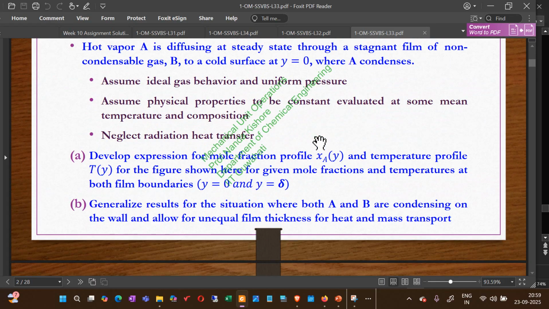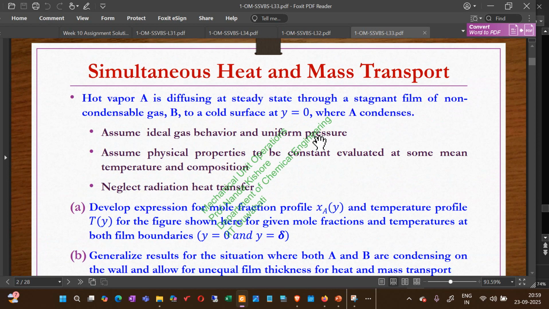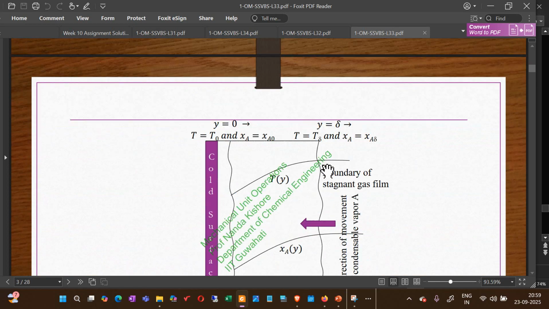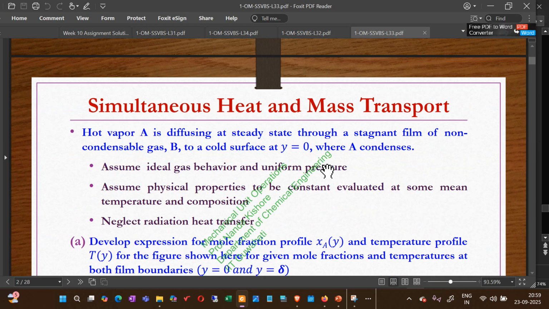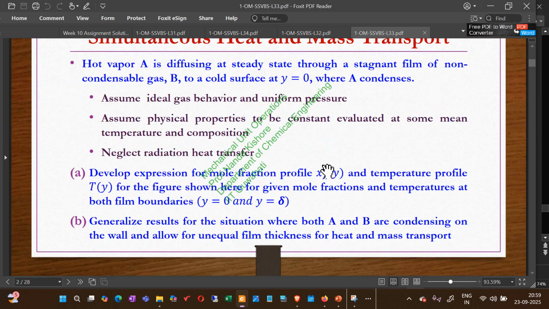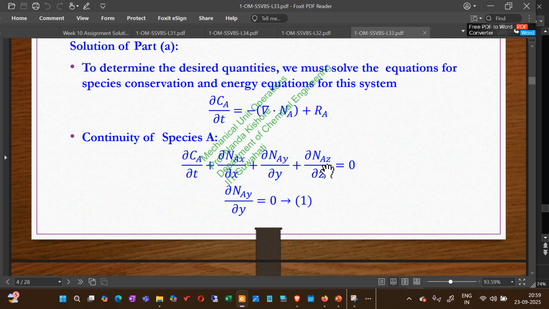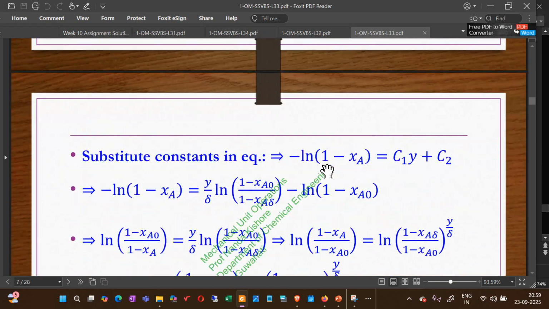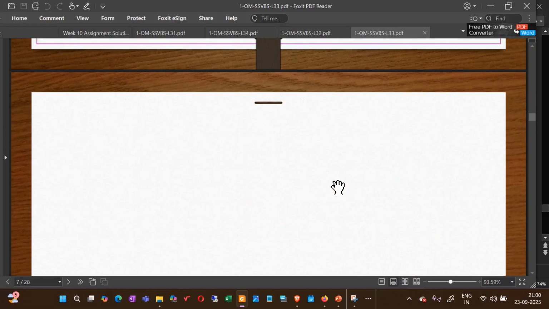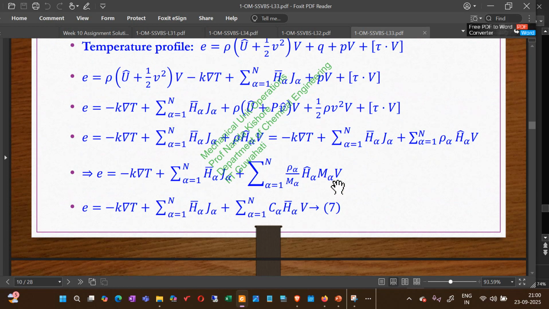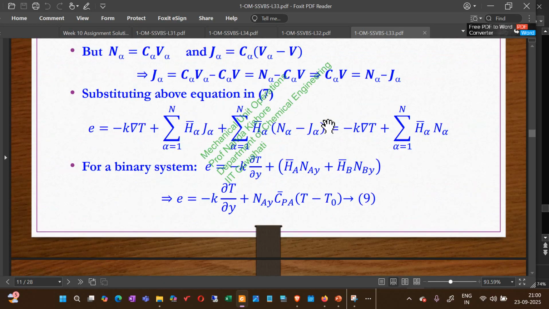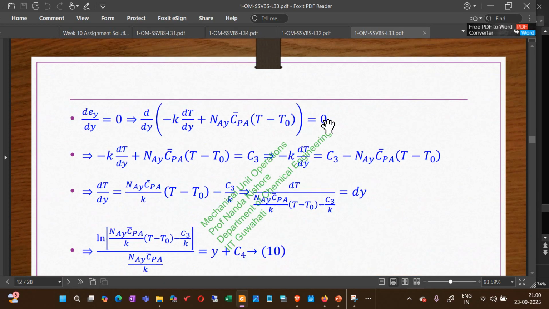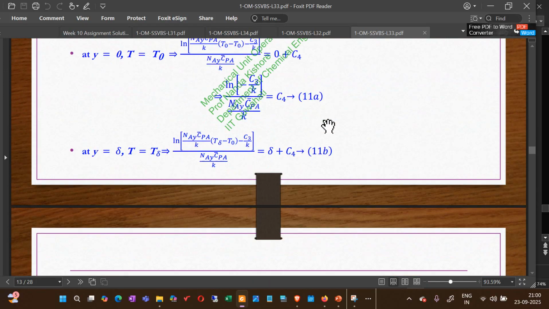If you see this here, the simultaneous heat and mass transfer we have discussed with this particular problem, where the condensable A was diffusing through this stagnant film of non-condensable gas B. In that we have seen how this interconnection between heat and mass transfer came into the picture, and we used this energy quotient to establish the entire correlations.